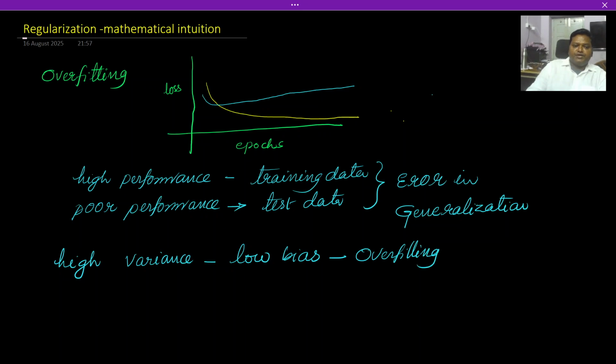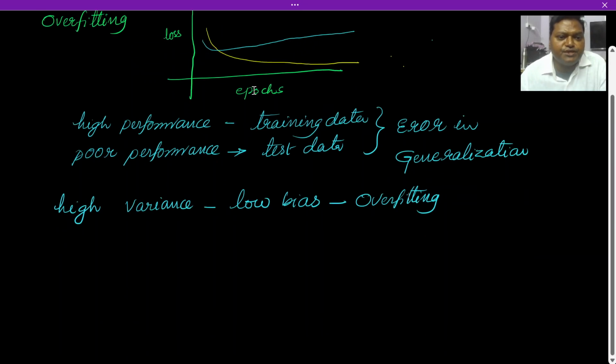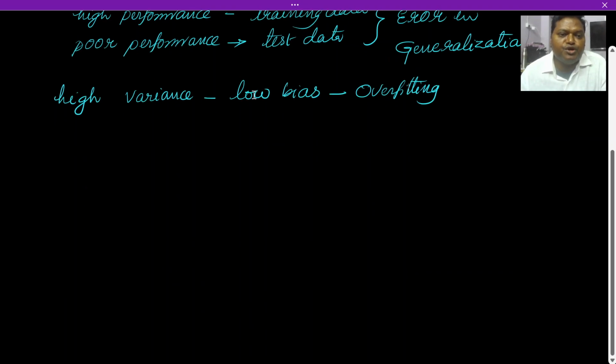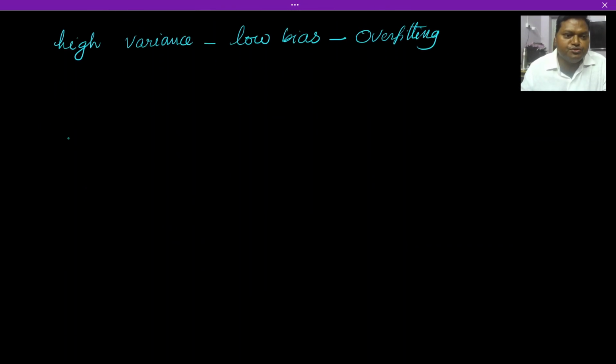Underfitting is high bias and low variance. So the strategy to mitigate, to avoid this phenomenon is known as regularization.